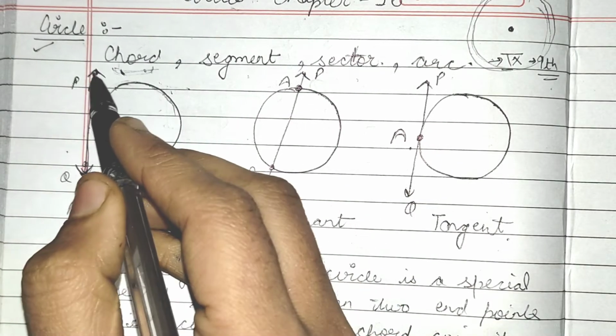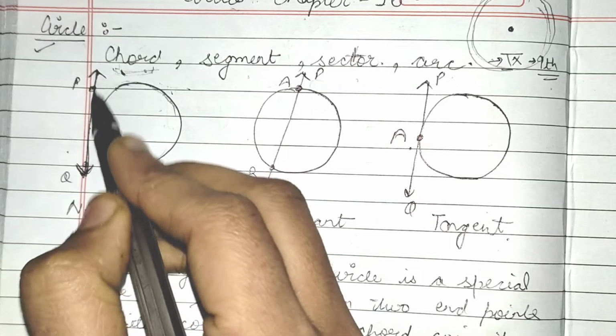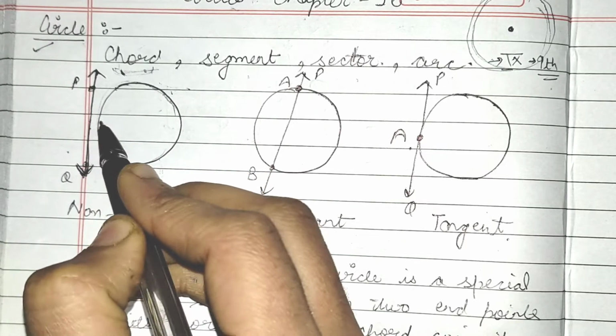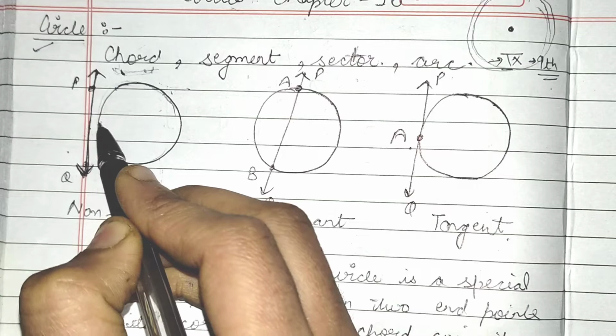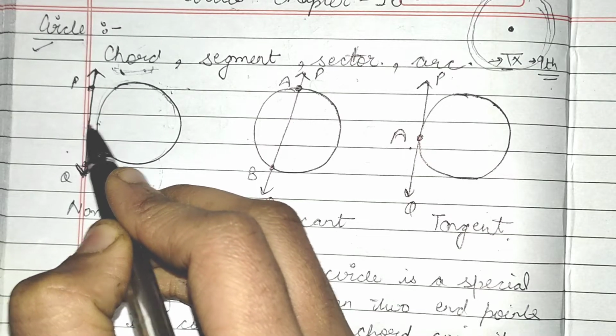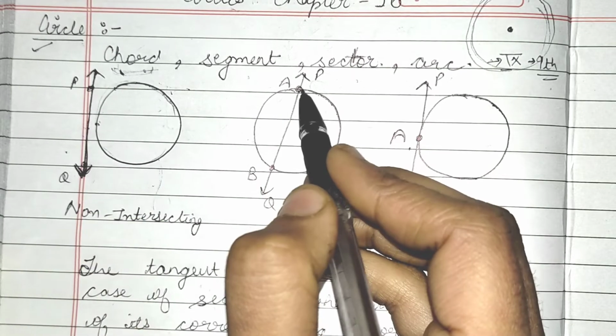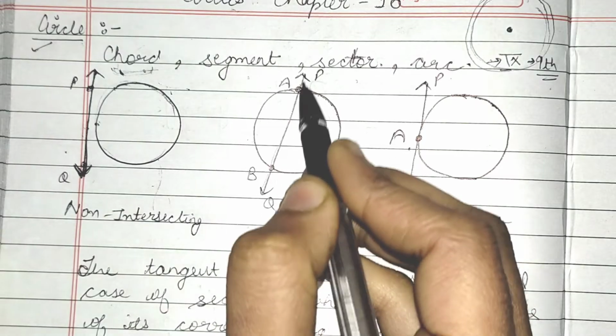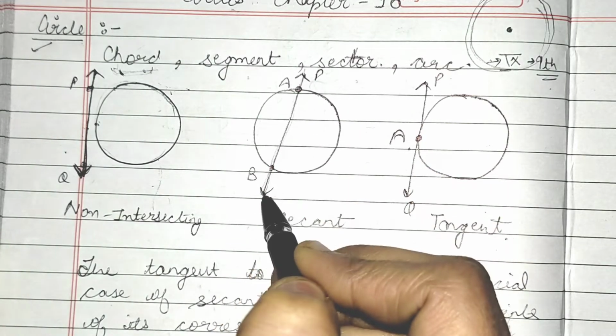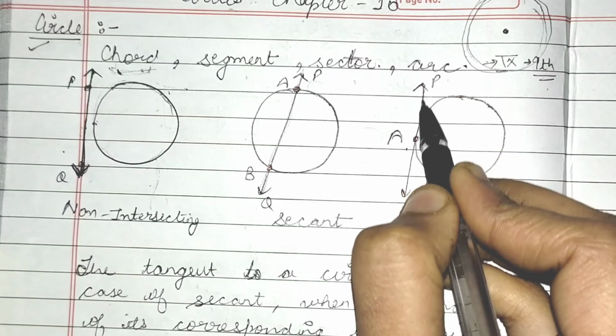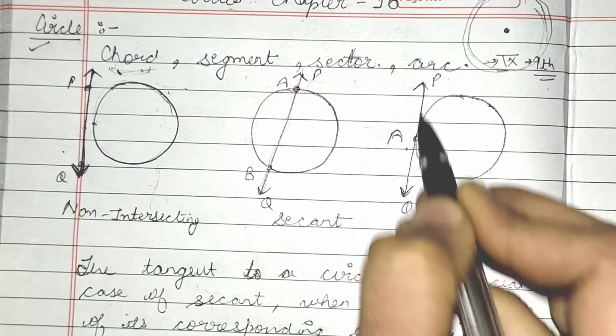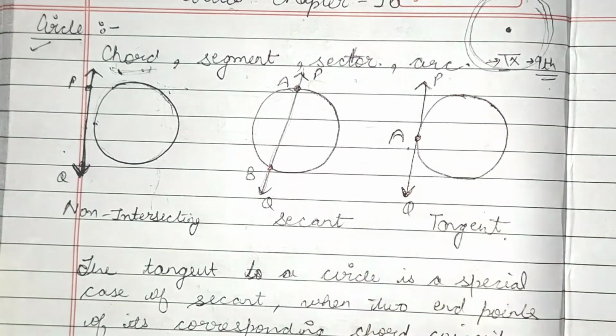If I take any line, what can be the possible combinations? A line and a circle may not intersect, with no common point. They can have two common points, intersecting each other, or the line can touch the circle at a single point.